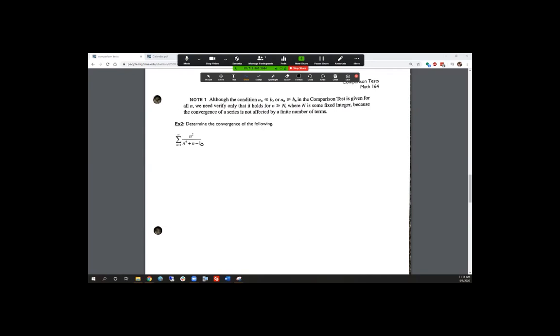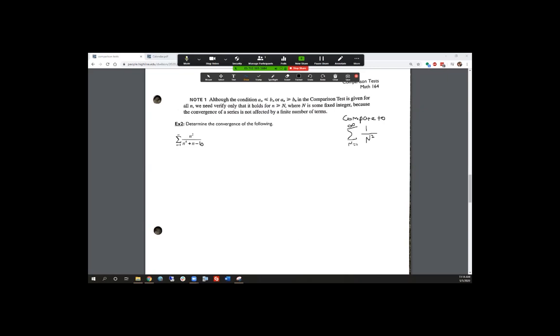I think it should be clear, right from the get-go, that we would like to compare with a p-series. We'd like to compare to the sum of 1 over n squared from n equals 1 to infinity.